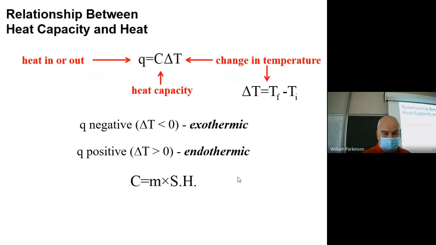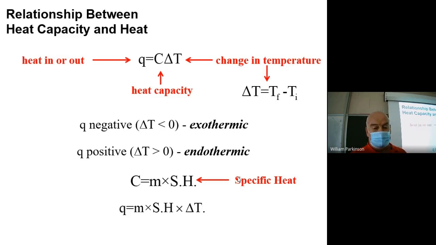Okay, so sometimes we write it with M times SH for C, and the M tells us how much stuff we have. The SH tells us how the stuff is built. We call that its specific heat. So sometimes we use the formula Q equals M times SH times delta T. We're not going to use the formula anyways, so it doesn't really matter. But sometimes scientists use it in a form that you see at the bottom of the page.